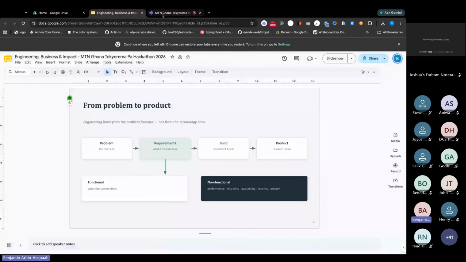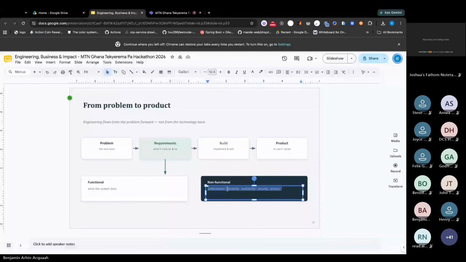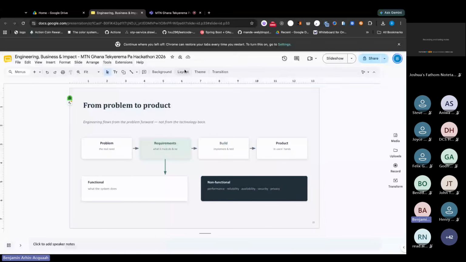So let's look into what each one of these means, right? For performance, who can help us with performance as a non-functional requirement? What does it mean? Again, like we did in the morning, I love the fact that a lot of you participated, and I really want us to do the same now.